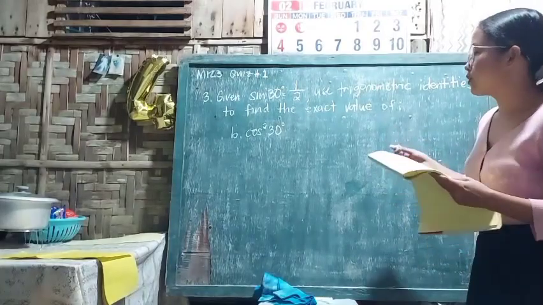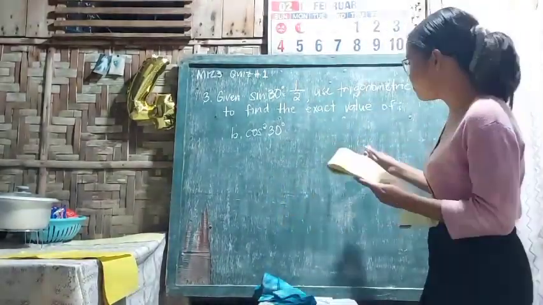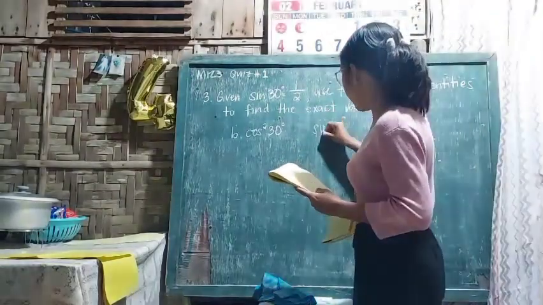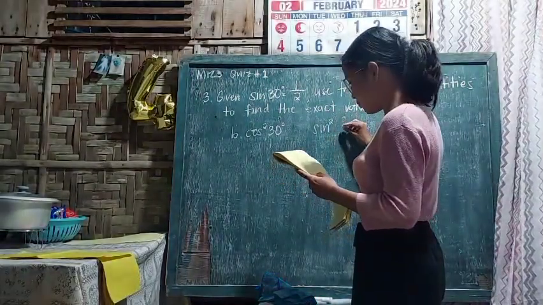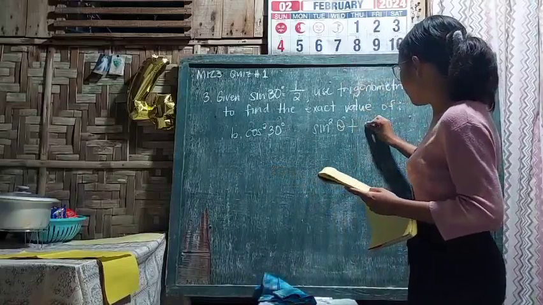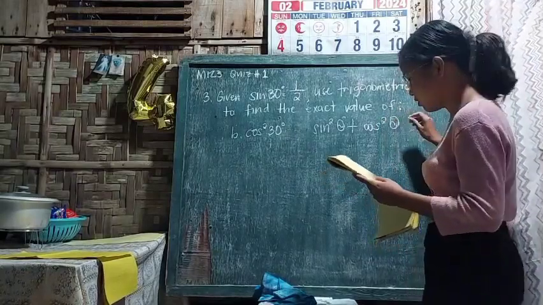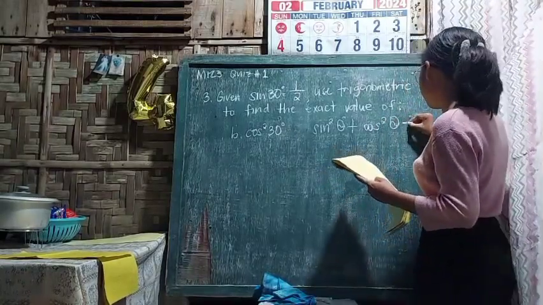The Pythagorean identity we're going to use would be sine squared theta plus cosine squared theta is equal to 1.